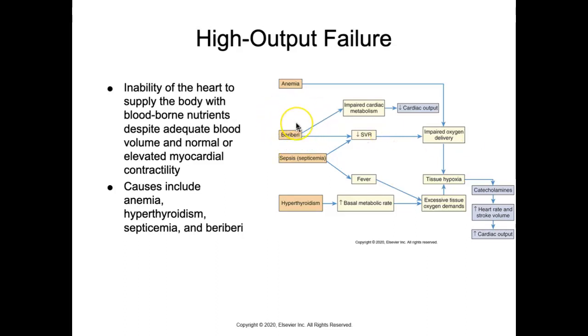In beriberi, this is a thiamine deficiency, and it's caused due to malnutrition, which is typically secondary to chronic alcoholism. And when we have this deficiency, we are going to see that we have impaired cardiac metabolism, mostly because this thiamine deficiency impairs all types of cellular metabolism in all of our tissues.